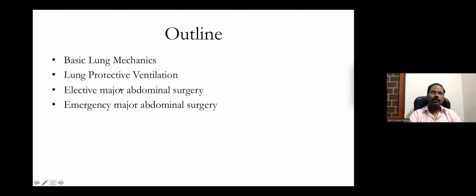First of all, why are we discussing this topic? What is the concern? Major abdominal surgeries, mainly laparotomies, open abdominal surgeries, have various postoperative complications, and one of the most important is pulmonary complications.